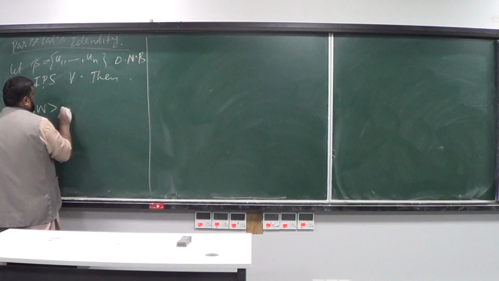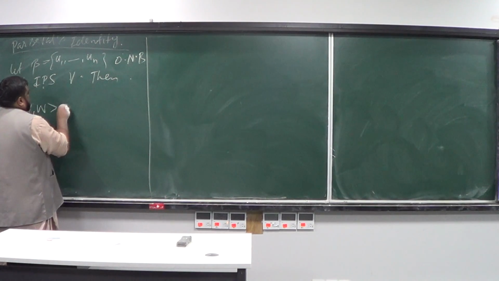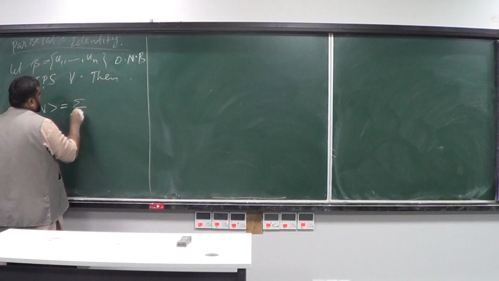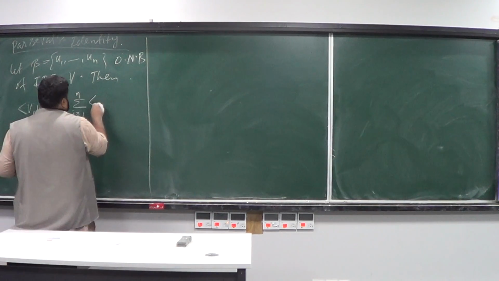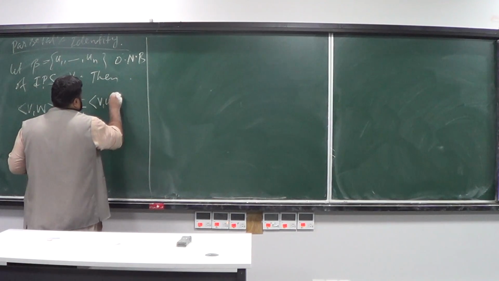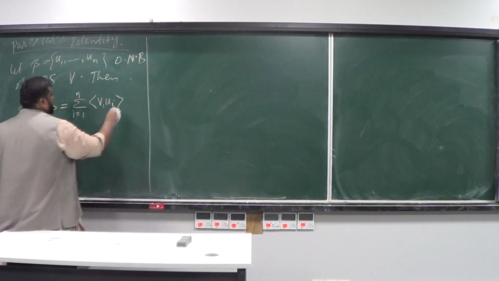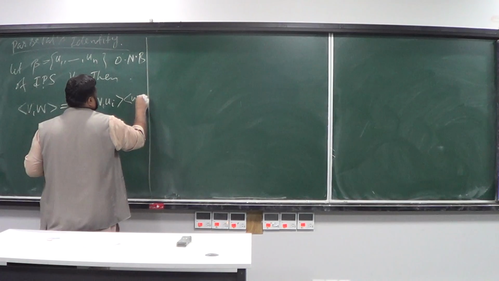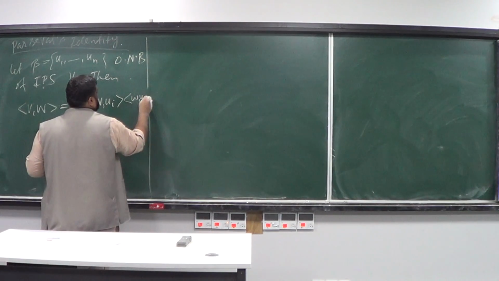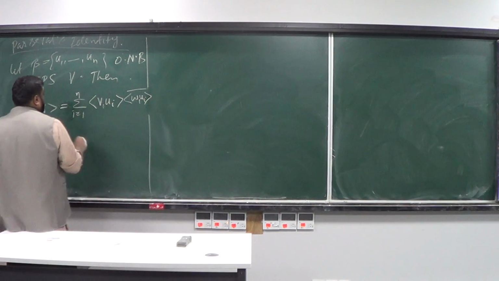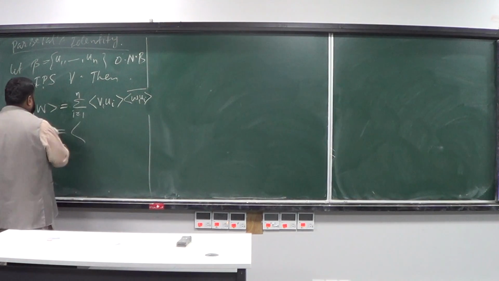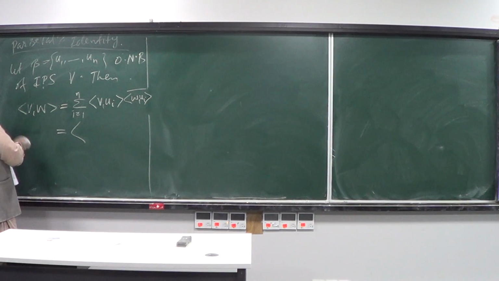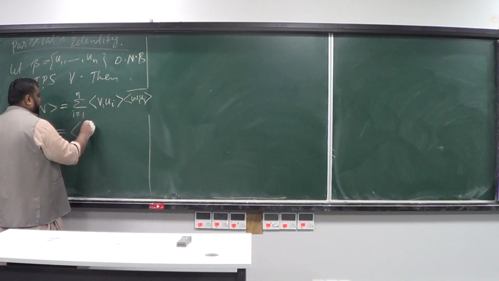So what I would like to do is to write more explicitly that this is equal to the sum from i equal to 1 to n of v_ui times w_ui bar, which is equal to something very interesting: the inner product can be completely determined through the coordinates.